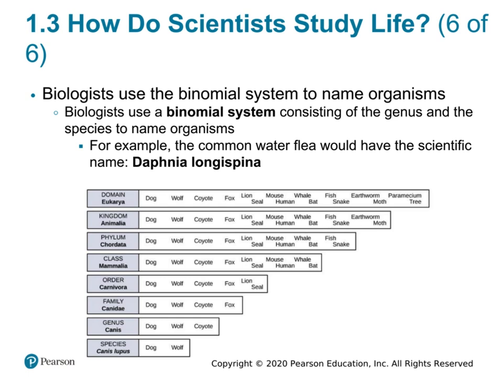Their family is Canidae, which includes dogs, wolves, coyotes, and foxes. Their genus is Canis, which takes out foxes and still includes dogs, wolves, and coyotes. And then their species is Canis lupus, which is the same as a wolf. Over time, we may see dogs become a separate species from wolves, but they're not currently. Genetically, they can still interbreed.